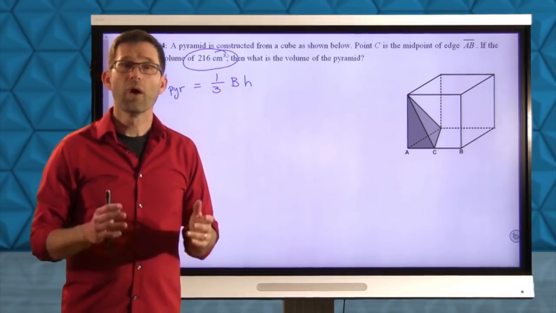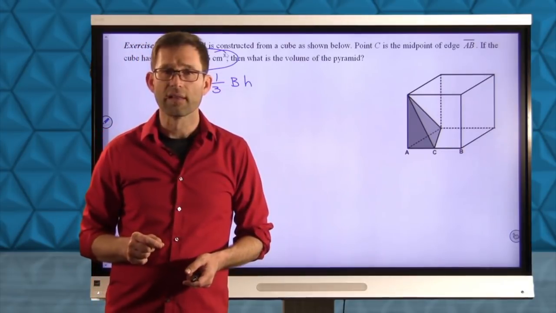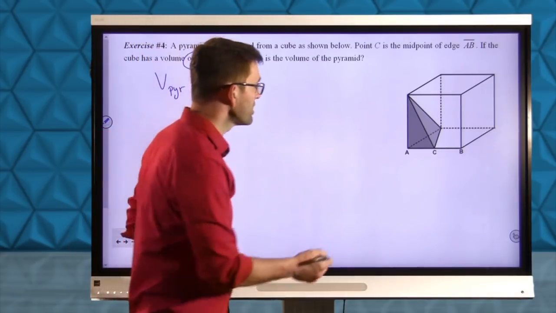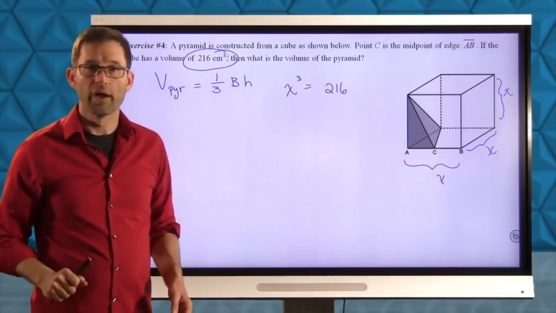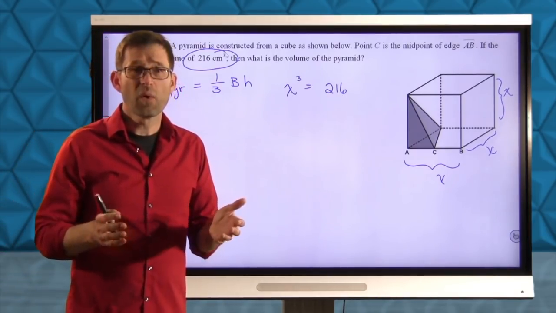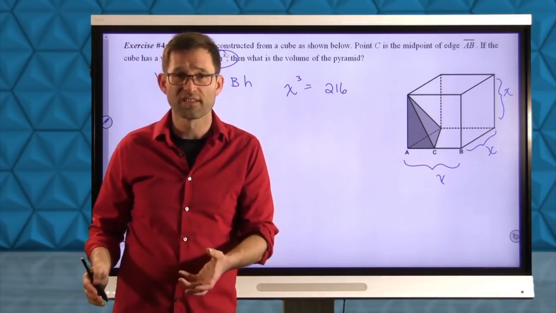All right. Well, the key here is that we can figure out how large the side length of the square is. In fact, if this is, let's say, x, and this is x, and this is x, then we know that x to the third must be equal to 216. In other words, that's why we call it cubing. That's x cubed equals 216.